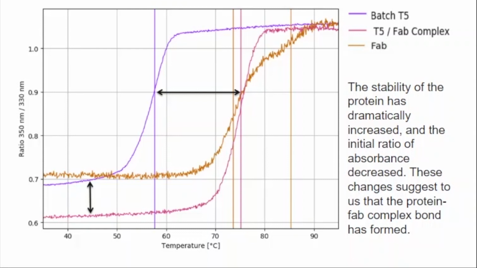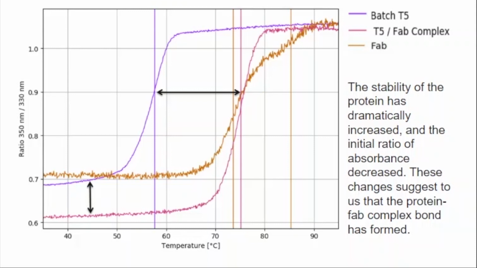And the pink trace are those two samples combined into a complex. So there's two big key differences to observe here. The first is the increase in stability over both of the components. So while the orange line unfolds around 74 degrees, we see the pink line unfolding closer to 76 or 77 degrees. So there's a small increase in the stability of the sample.